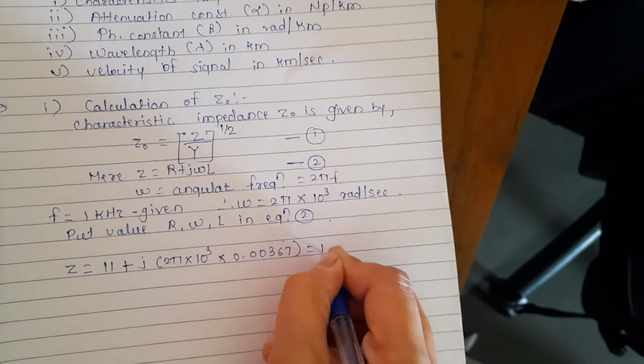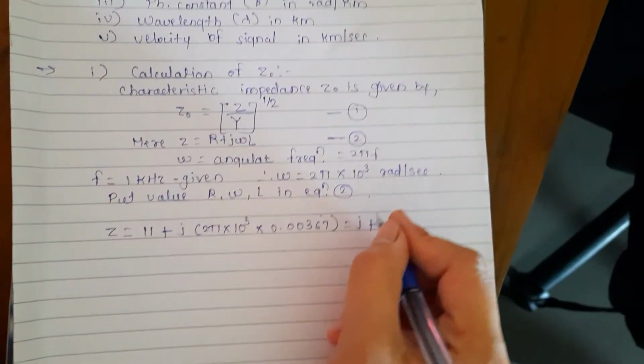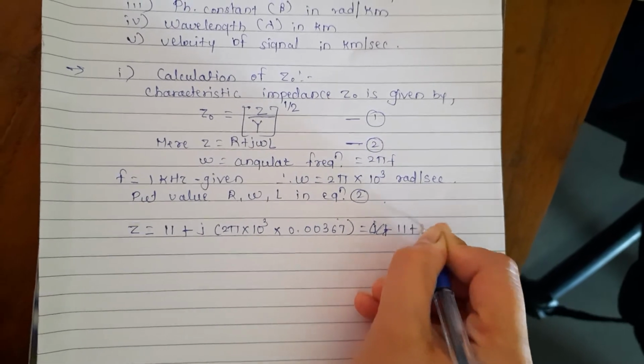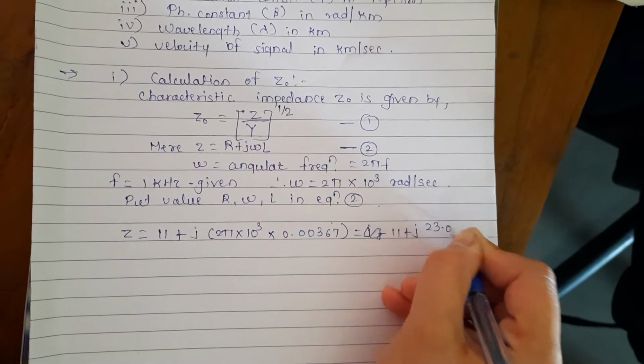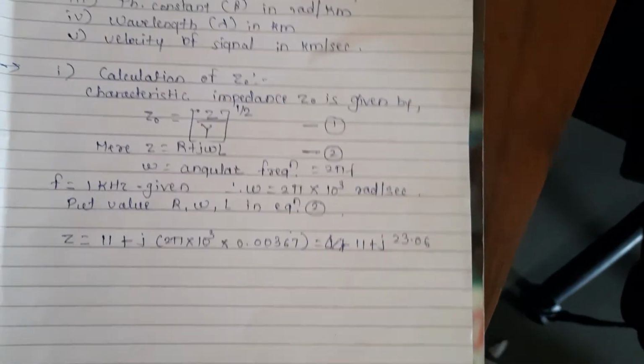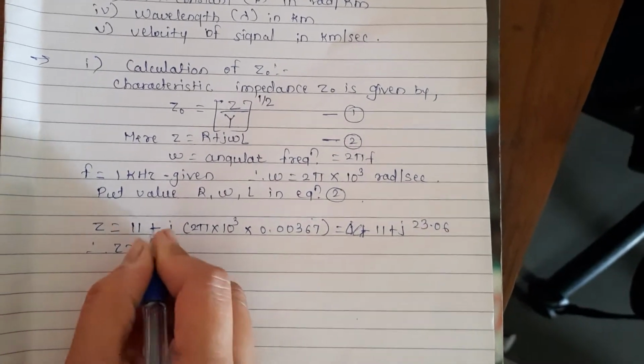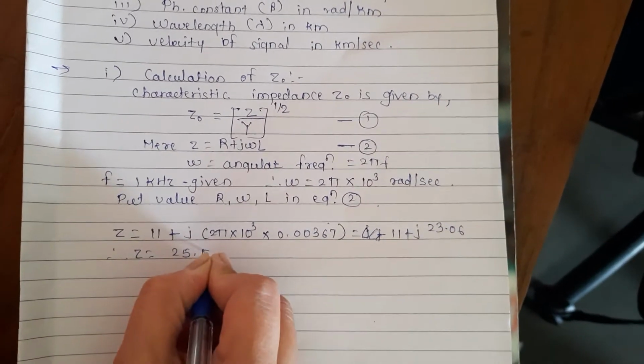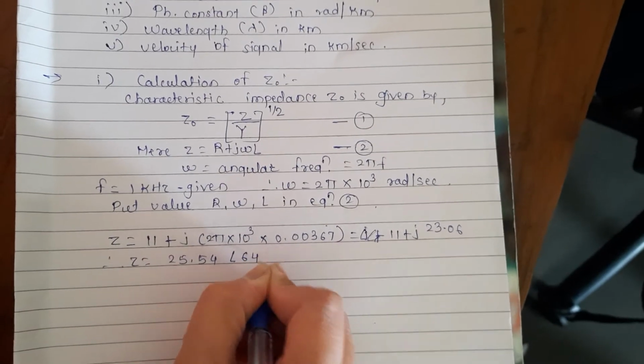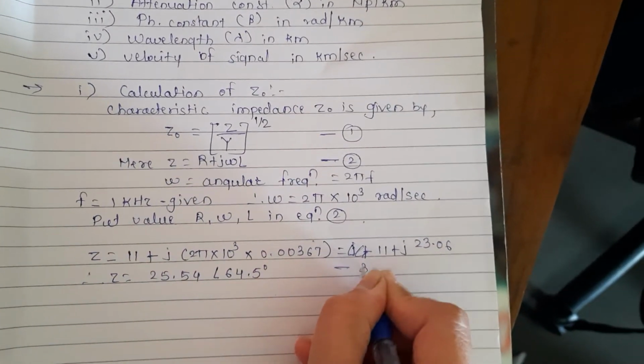So it is 11 plus j 23.06. Now we can write this as 25.54 angle 64.5 degree. This is equation 3.